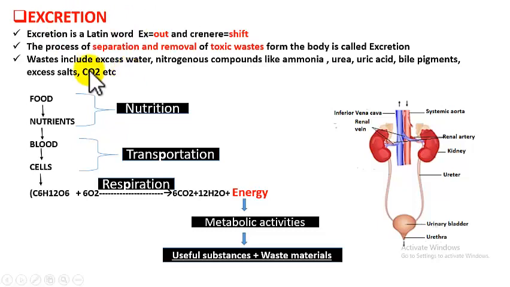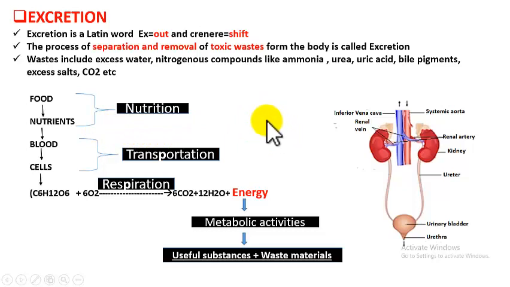Now students, did you notice this? This list of waste does not include our undigested food materials. When I spoke about the digestive system and digestion, I told that food undergoes digestion to produce nutrients, and nutrients then enter into blood. Whereas the undigested food material enters into the large intestine and is expelled out of the body via anus, right?